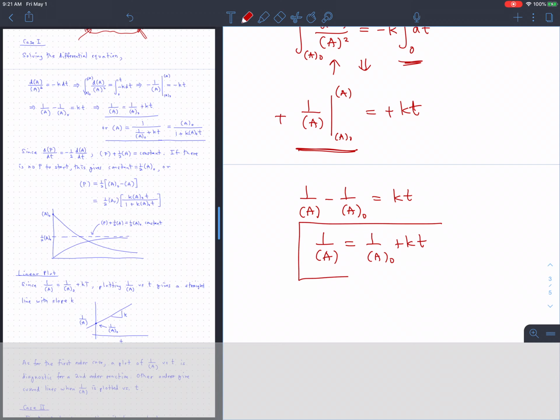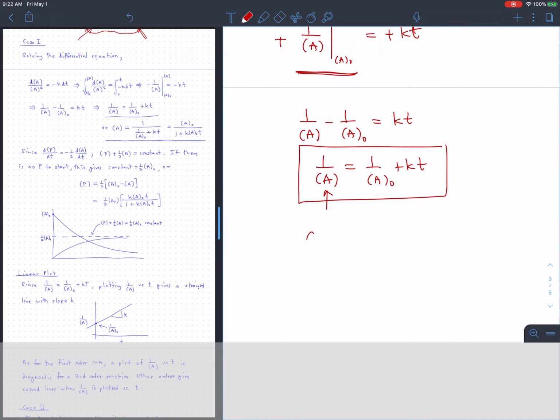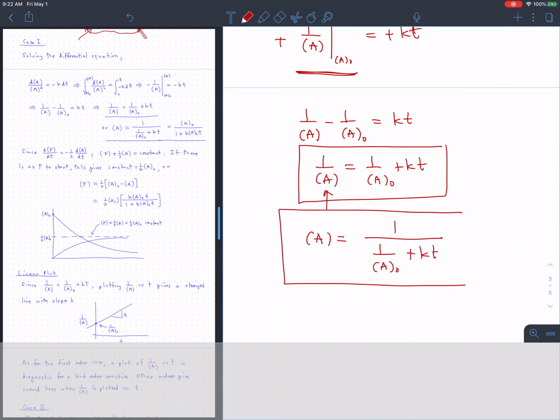We'll use that one as it stands to get the version of a linear plot for this particular case. But if we want to solve for A itself instead of 1 over A, then we get that A is equal to 1 over (1 over A0 plus kt), and that's maybe, in some ways anyway, the more useful relationship. Actually, both of these are pretty much equally useful.